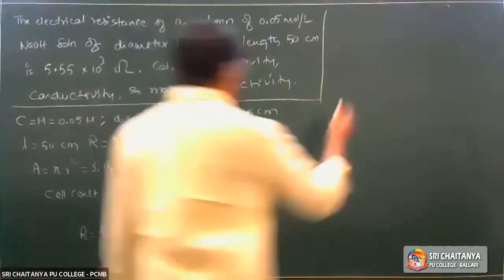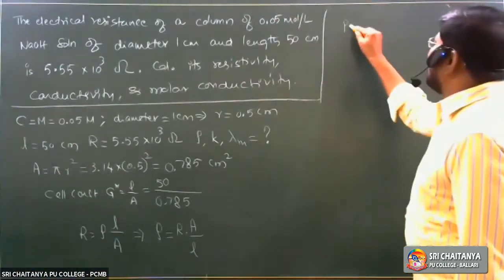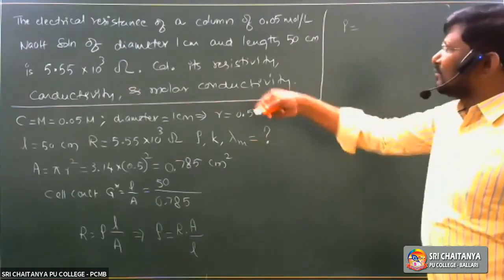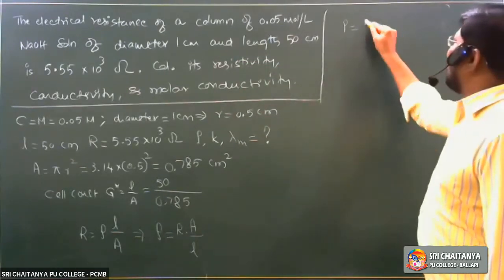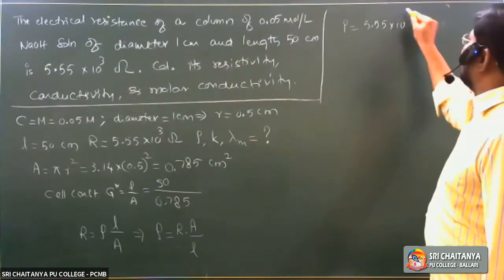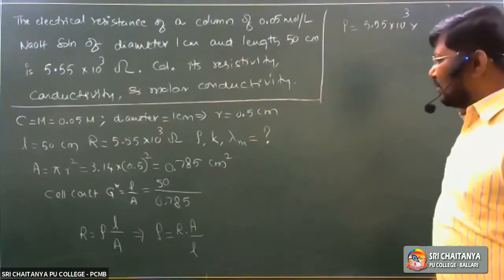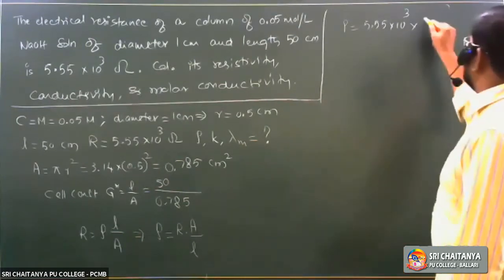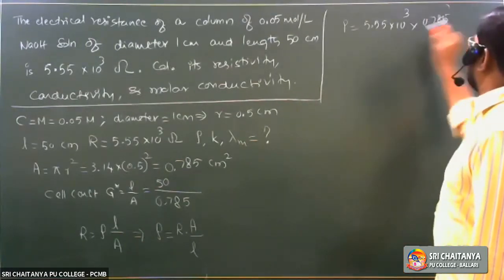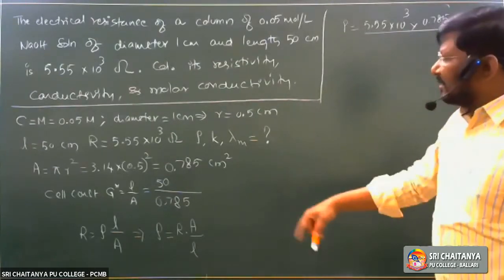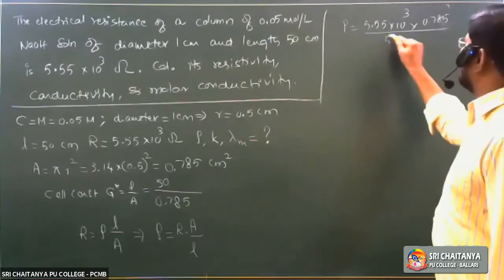Now calculate the rho value. Resistance is given as 5.55 into 10 power 3, into A by L. A is already calculated, 0.785, divided by L, which is 50.